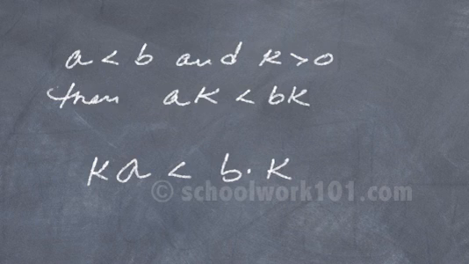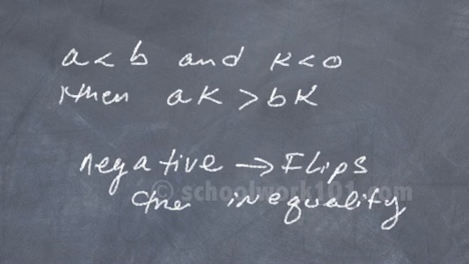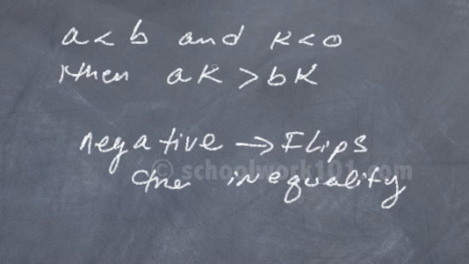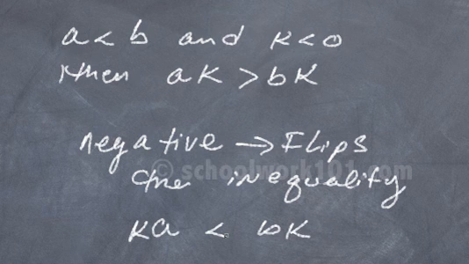Now watch what happens if K is less than 0. In other words, it's a negative number. Now this is the rule that a lot of people forget: if you notice in this particular one here, the inequality has been flipped. If you multiply both sides by a negative number, K is less than 0, then we have to flip this symbol, the inequality.